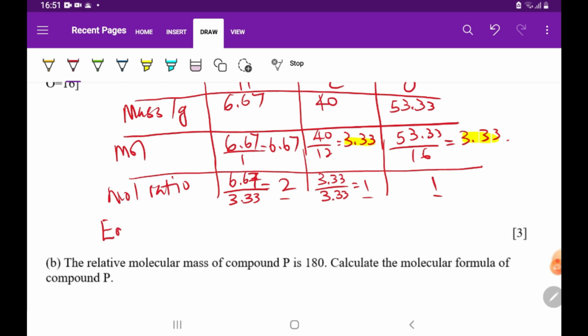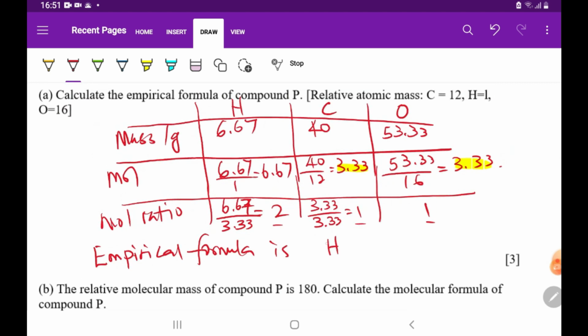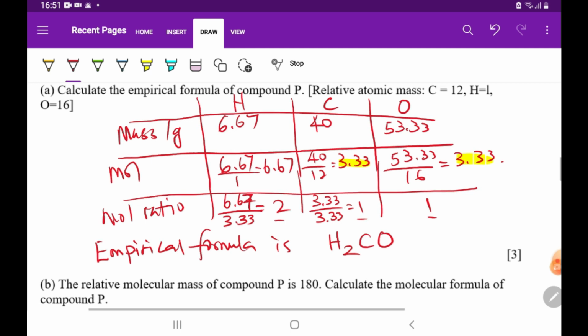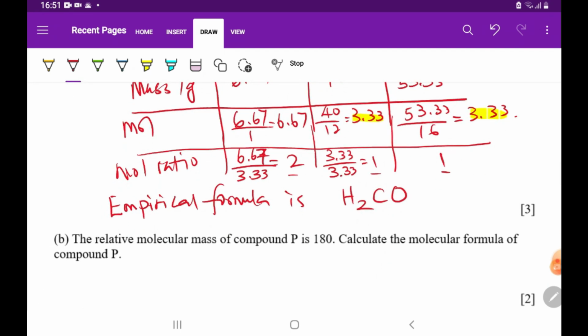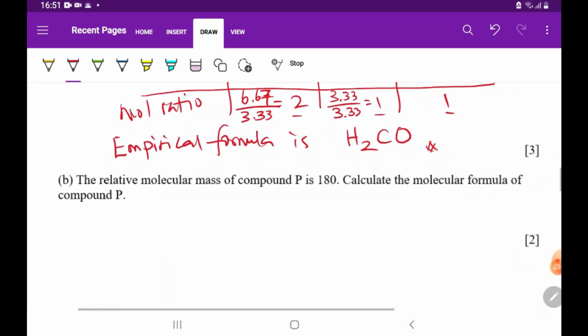So now you can write down the empirical formula: H2C1O1. Okay, so this is your answer.